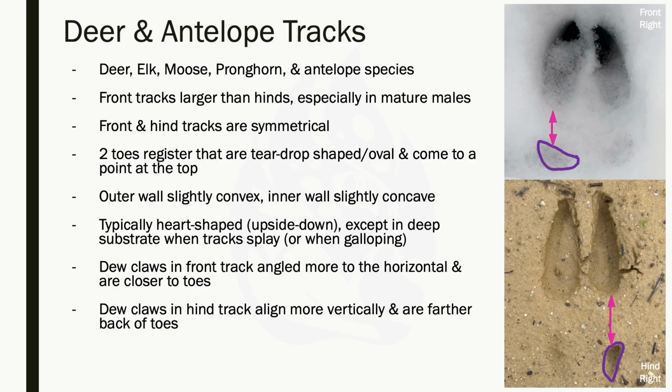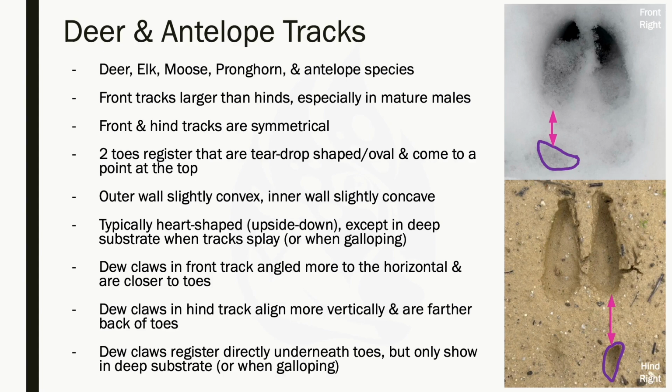The reason this is important is that you might see, for example, a fairly large deer track, and then you notice that, hey, I have a dew claw, it's oriented to the vertical, it's farther back. Well, that means this is a hind track. So this is a really big deer because the front track's going to be even larger, which tells you it's likely going to be a mature male. So not only is it a good feature to help analyze and identify the species, but also tells you something about the individual.